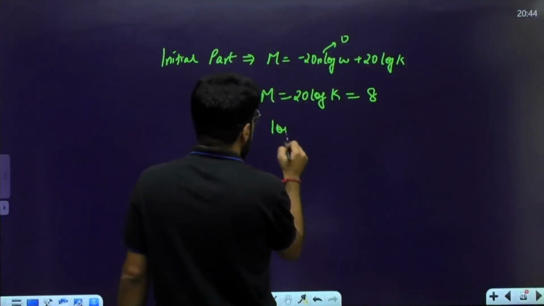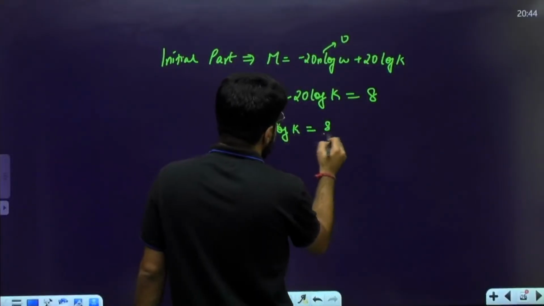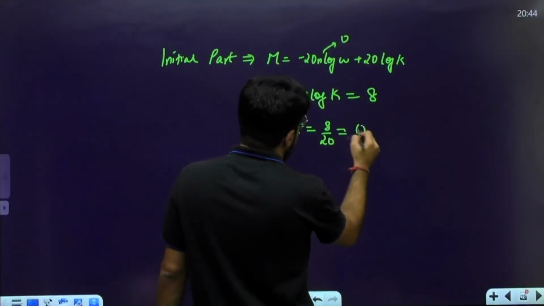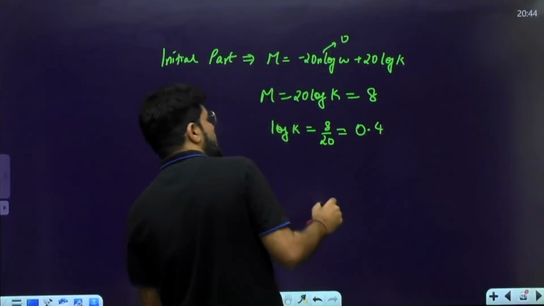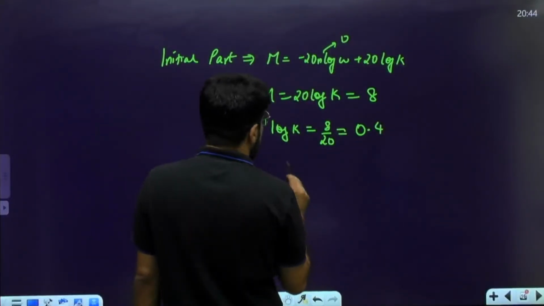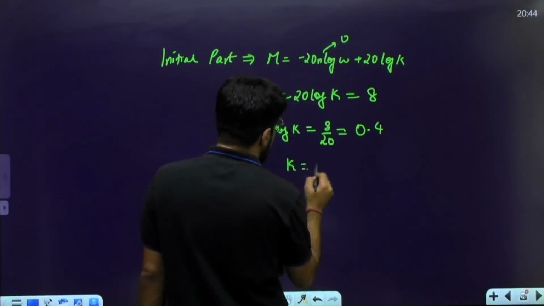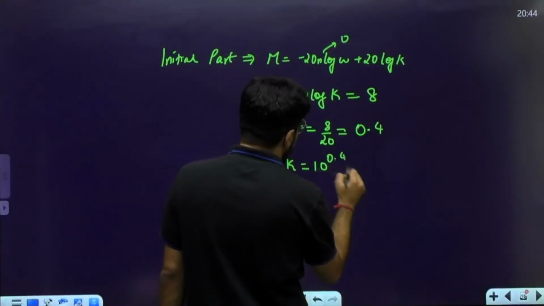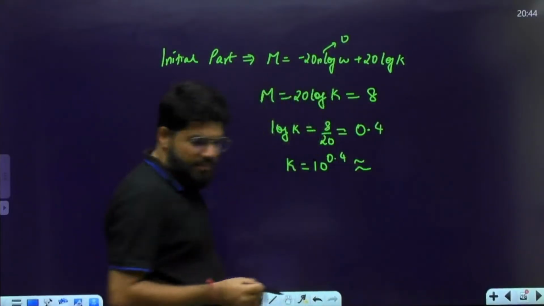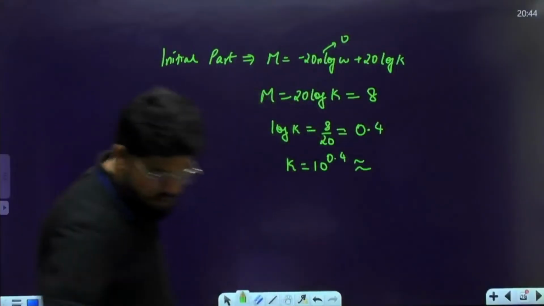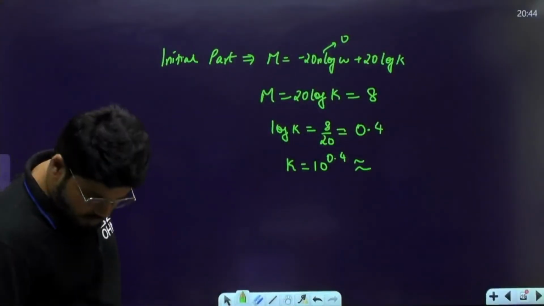So what is the value of log k? It is 8 by 20, which can be written as 0.4, correct? So what is the value of k? 10 raised to the power 0.4. That can be calculated using your virtual calculators. So how much is it?